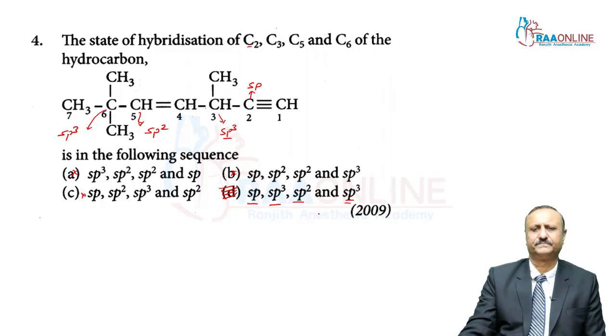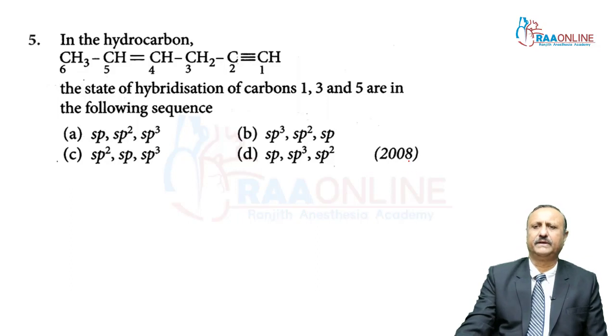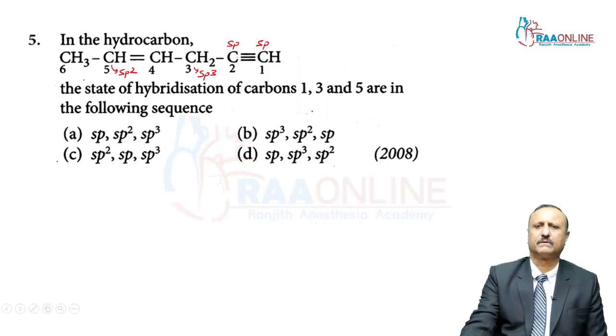Now, we can go to question number 5, which was asked in NEET 2008. Here you can see carbons 1, 3, 5. You can find out that carbon 1 is sp hybridization, carbon 3 is sp3, and carbon 5 is sp2. Here for carbon 1 it is sp; where is sp?